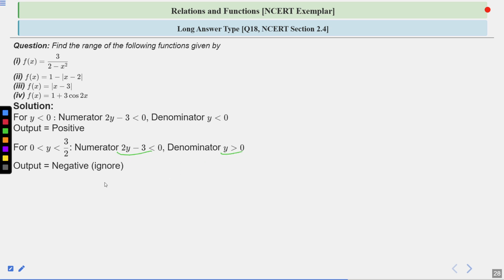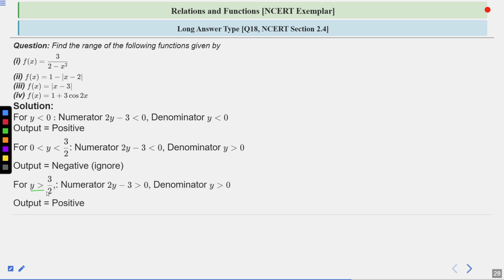So numerator by denominator is going to be negative, but we want our expression to be positive. So we are going to ignore these values. Now for y greater than 3 by 2, the numerator 2y minus 3 is greater than 0, which is positive, and the denominator is also positive, meaning the output is positive.